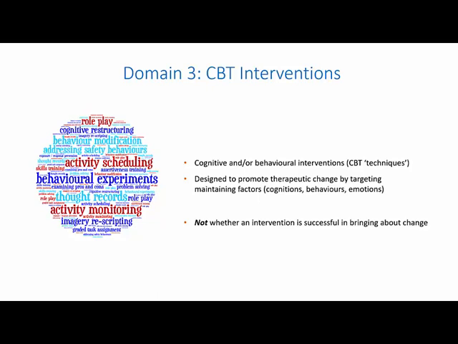These techniques are designed to promote therapeutic change by targeting cognitions, behaviours or emotions that seem likely to be maintaining the patient's problems. So we might be talking about a range of different CBT interventions that can usefully be used to promote therapeutic change. This includes things like cognitive restructuring, exposure with response prevention, thought records, behavioural experiments, and so on.